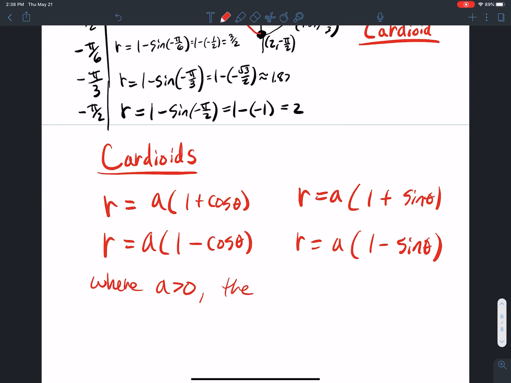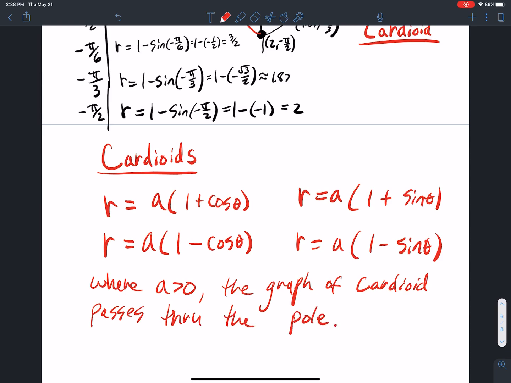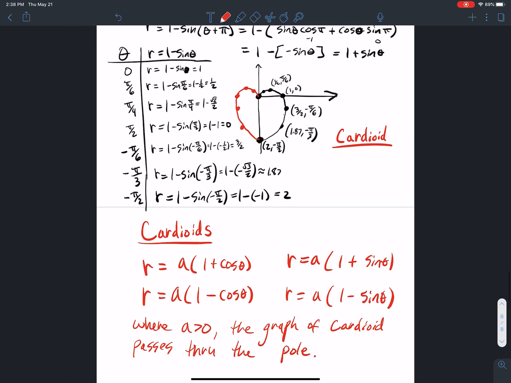The graph of the cardioid, the heart, passes through the pole. As you can see here, it passes through my pole right there.